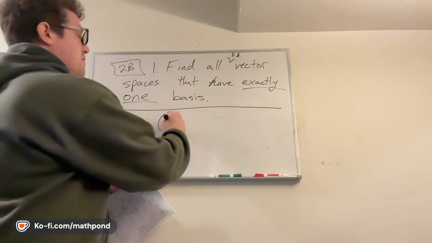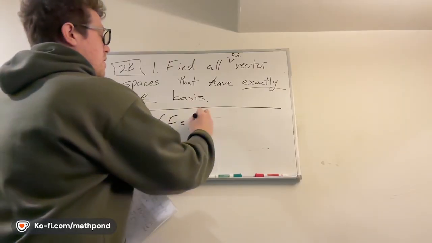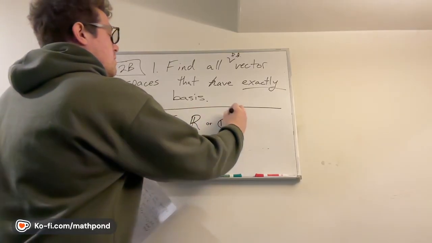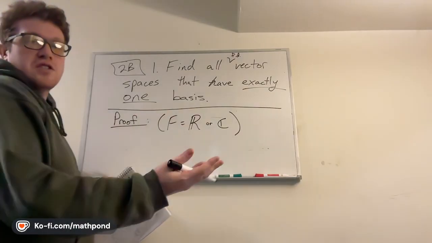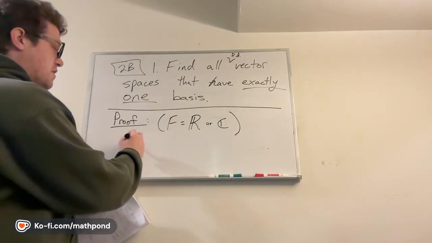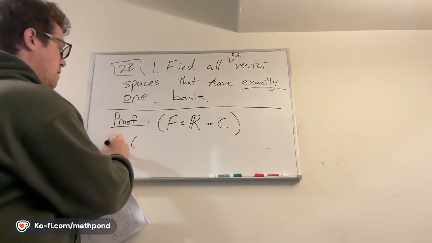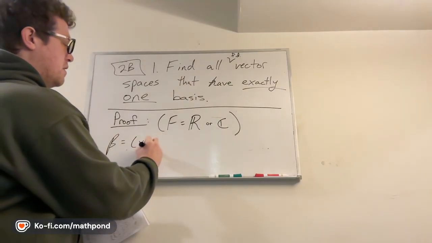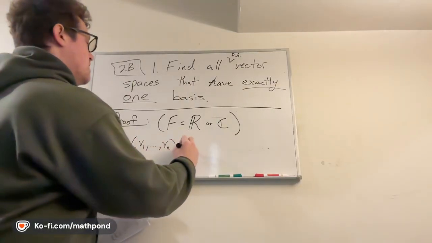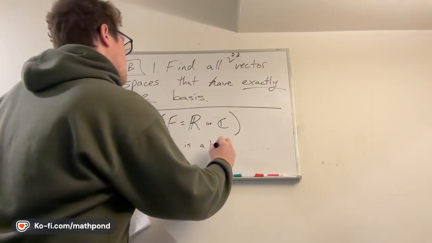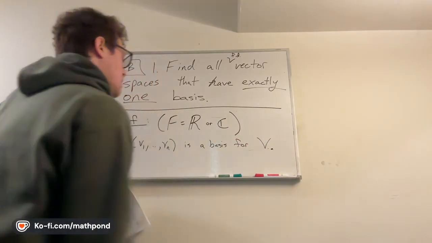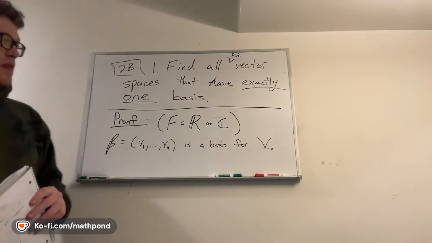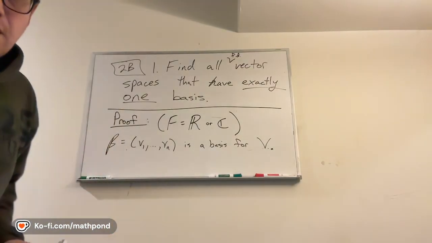Let's assume F is the real or complex numbers. We already said there's some basis, so there's some list of vectors. So let's assume that beta, which is V1 through Vn, is a basis for V. And then, so how does this proof go?